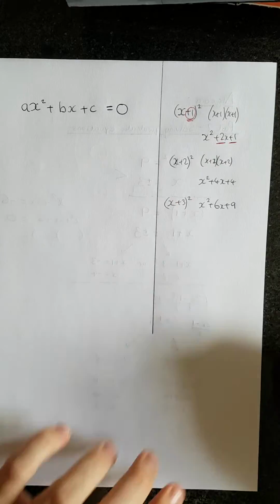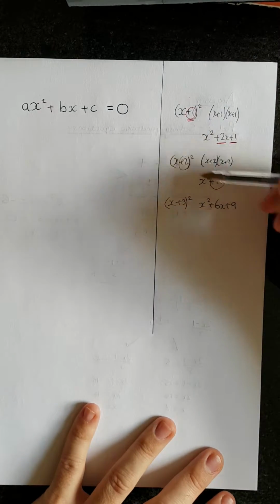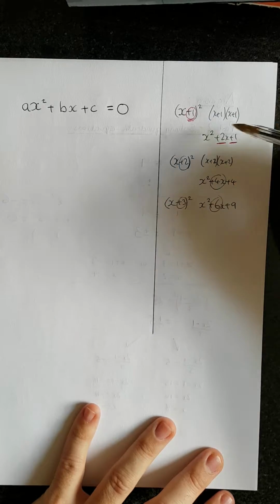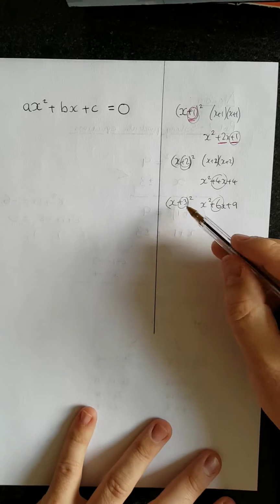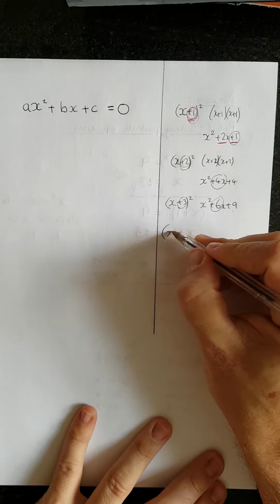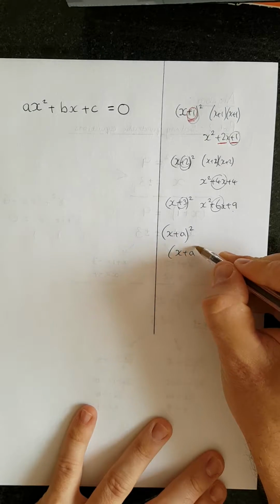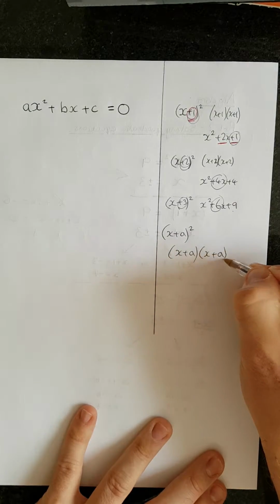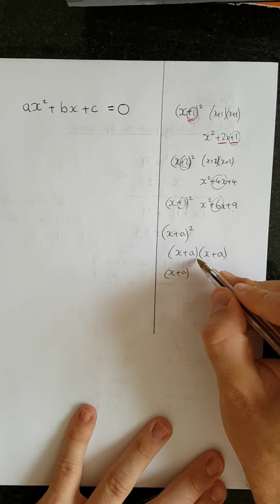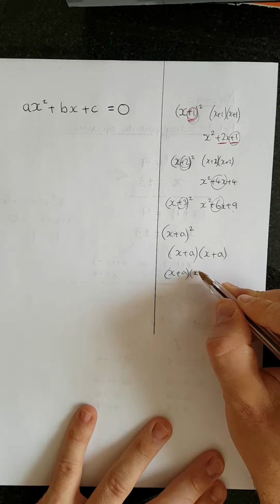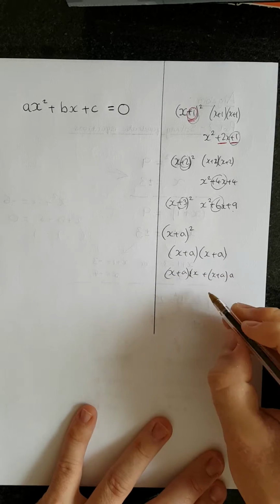So this number appears to be double the number on the end. And this number appears to be the square of it. Well, let's check and do it carefully. So, x plus a, the whole first bracket, times by x, and then the whole first bracket times by a.